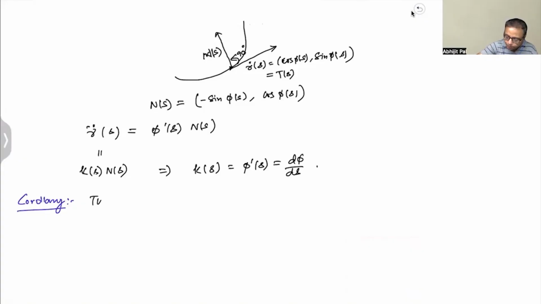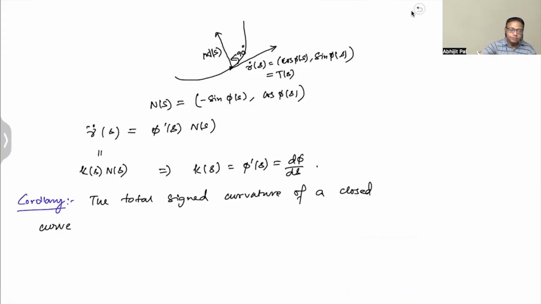The total signed curvature of a closed curve in R2 is an integer multiple of 2 pi.